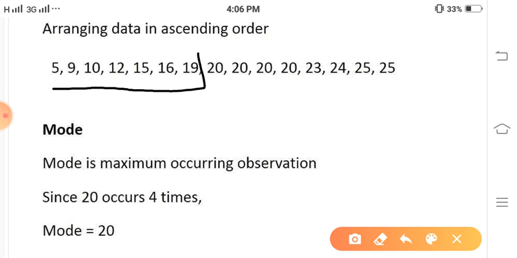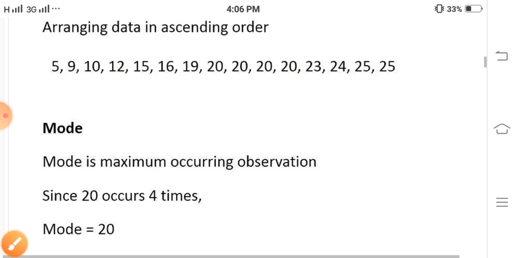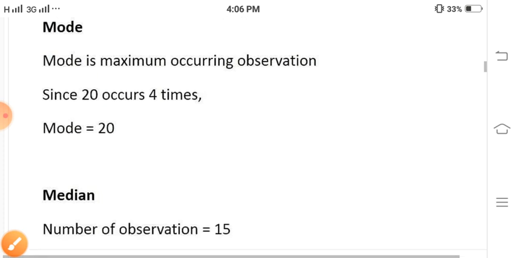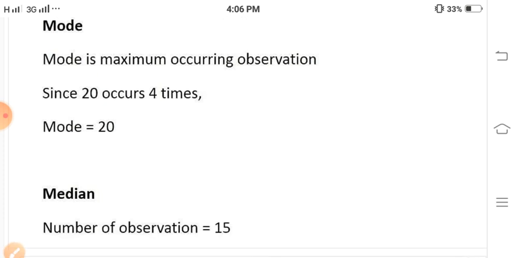These 7 terms you have left from the left hand side and here also from the right hand side you will leave the 7 terms. So this 20 is the middle value of the given data. So in this case median is 20 because here the number of observations is 15.